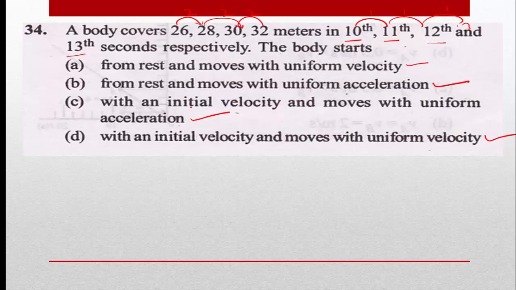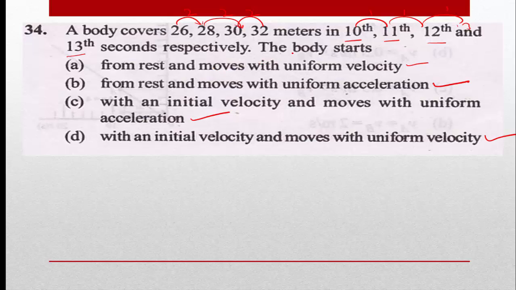The body covers 26, 28, 30 and 32 meters, that is distance, in 10, 11, 12 and 13 seconds respectively. It means the body is moving with an initial velocity and moves with uniform acceleration. Acceleration means rate of change of velocity.